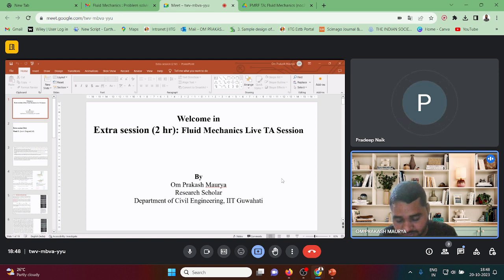The question was about the manufacturer of a car reducing the drag coefficient of a car from 0.38 to 0.33. Initially the drag coefficient was 0.38, but the manufacturer wants to reduce it to 0.33. Why?